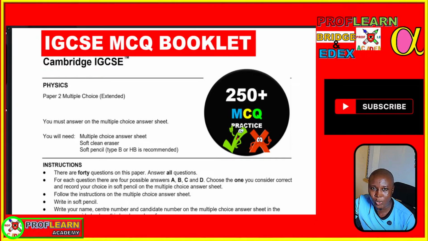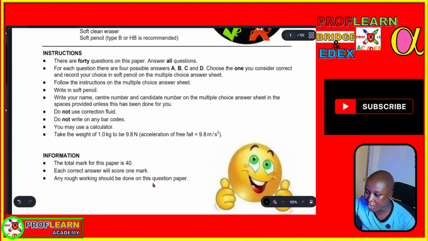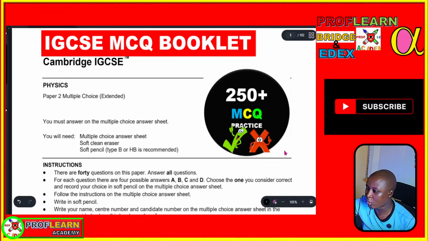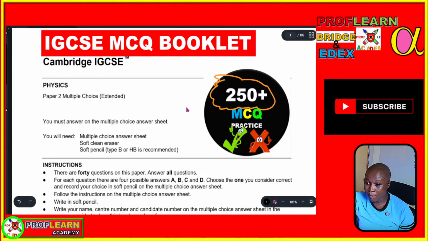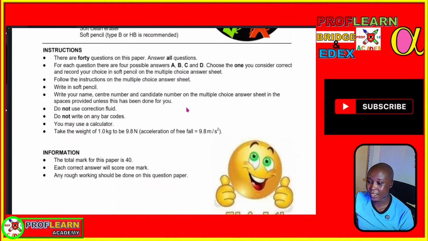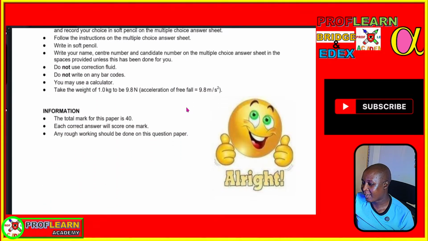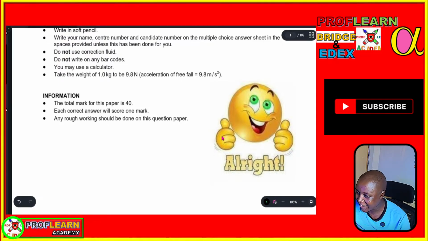It's going to be about 250 recently tested MCQ questions, and you can see this paper is only 40 marks. By going through all these questions, you will be able to get a good understanding of how to answer different topics, and you'll be smiling out of the exam room if you have mastered how to answer different questions.